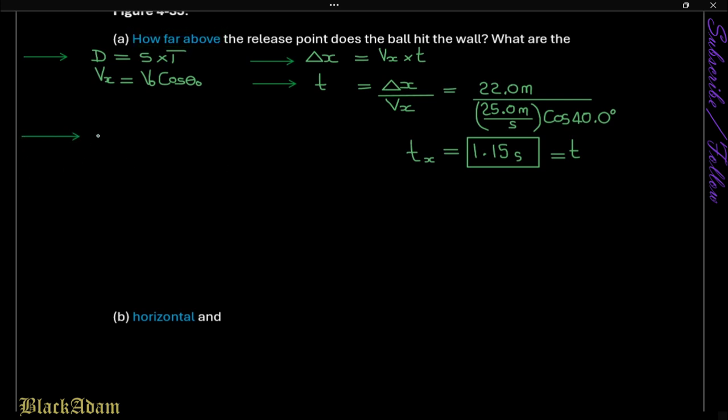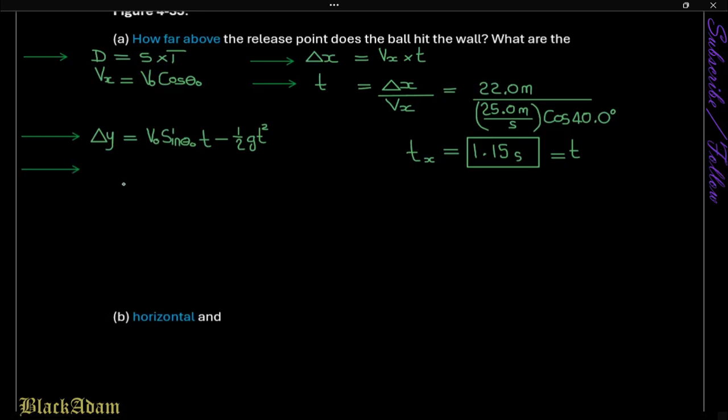So they want the vertical distance. The change in y is equal to the initial velocity multiplied by sine of the throw angle, multiplied by time, minus half of gravitational acceleration multiplied by time squared.